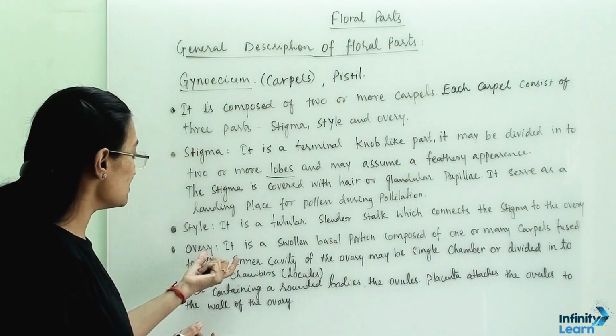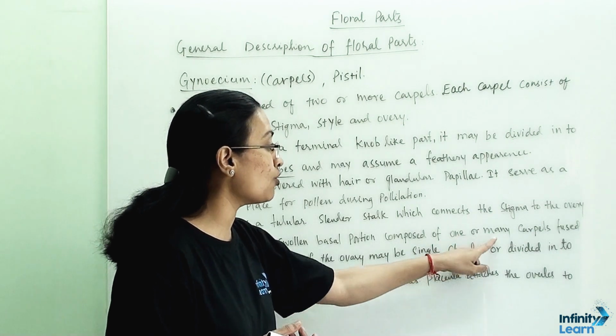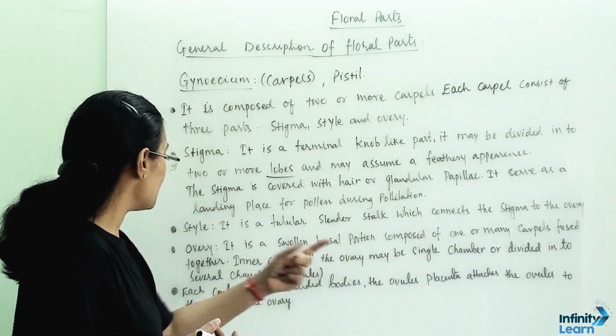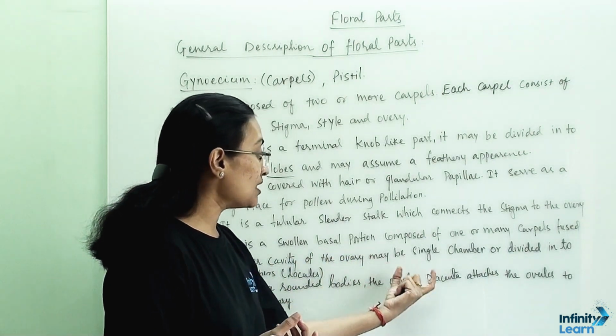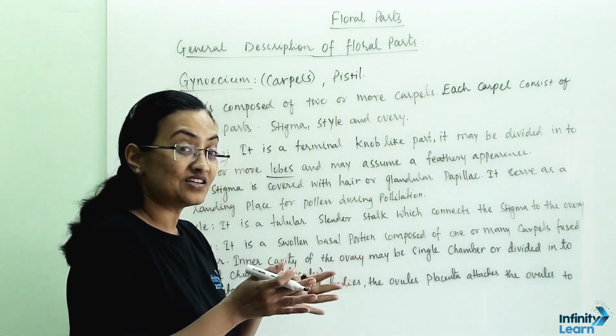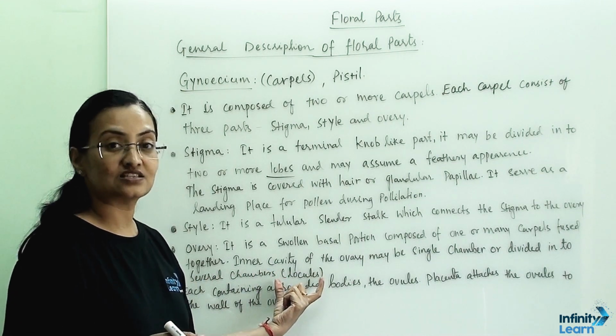Then comes the ovary. It is a swollen basal portion composed of one or many carpels fused together. The inner cavity of the ovary may be a single chamber, or it is divided into several chambers, known as locules.